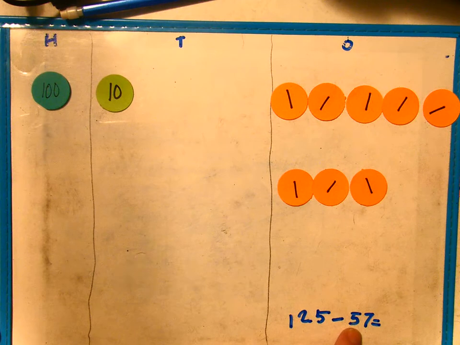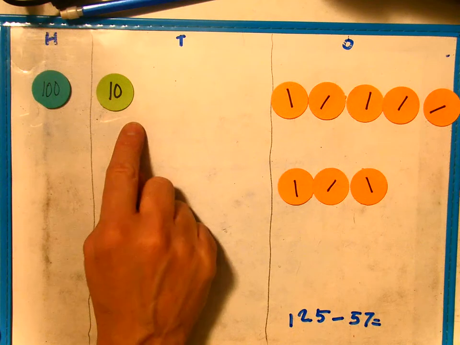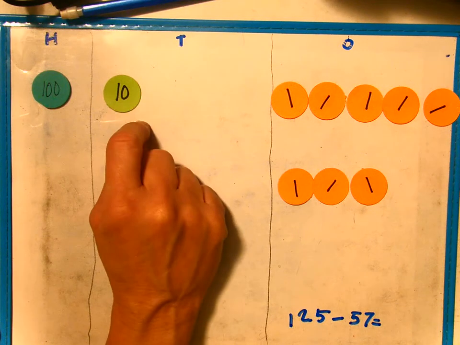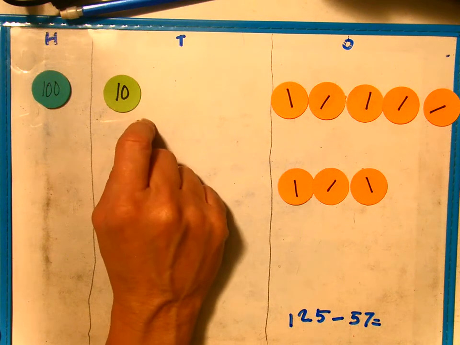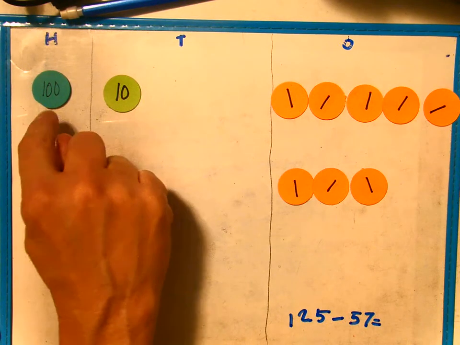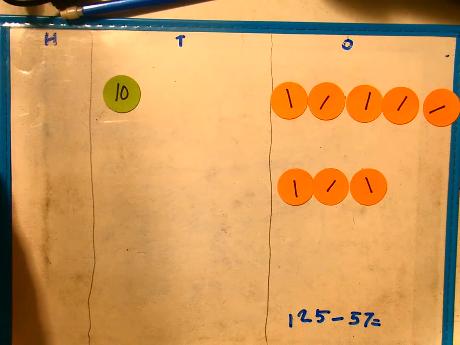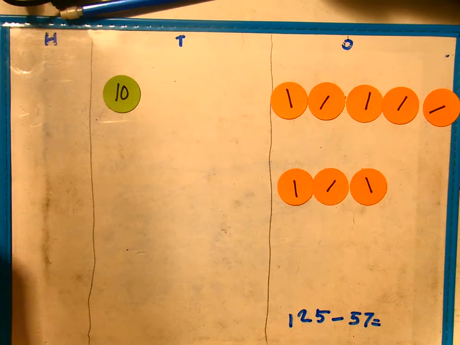Now I need to take 5 tens. Again, can I take away 5 tens if I only have 1? Where can I go? I'm going to unbundle or decompose my 100 and turn it back into tens.